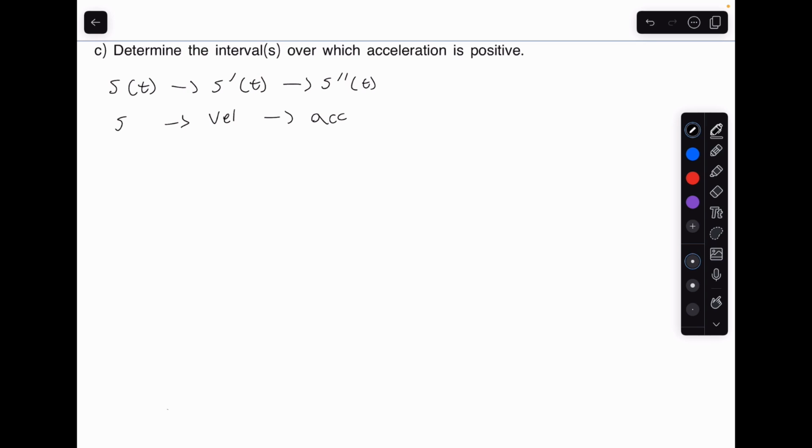It's actually super simple. It just involves some stuff that's not familiar to most grade 12 students. So, to determine the intervals over which acceleration is positive, we need to do a few things. We need to determine acceleration. We need to determine when it's positive, and we need to determine the interval over which it's positive.